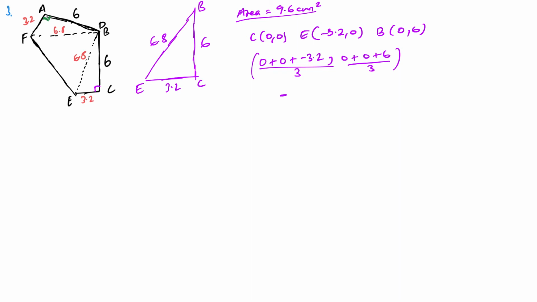That gives me minus 16 over 15 and 2 there. So that's this triangle BCE, and as an approximate, we've got minus 1.07 and 2.